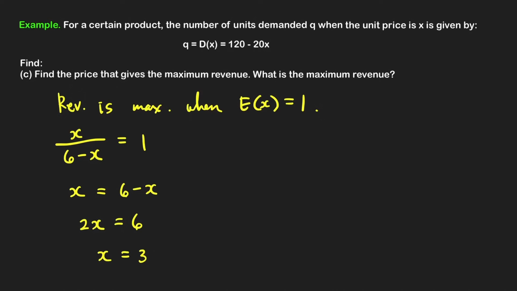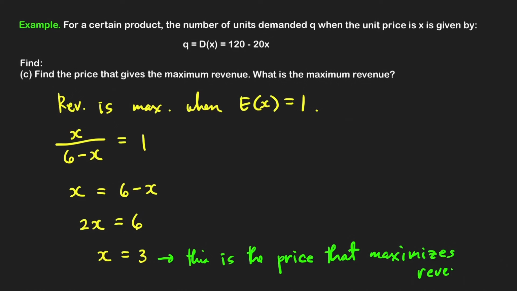So therefore, this is the price that maximizes the revenue. And now, what is the maximum revenue? The maximum revenue is just the value of the revenue function when X is equal to 3. But how do we compute revenue again? It is equal to the unit price times the quantity demanded, which is the same thing as our D of X. So we plug in the value of X, which is equal to 3.